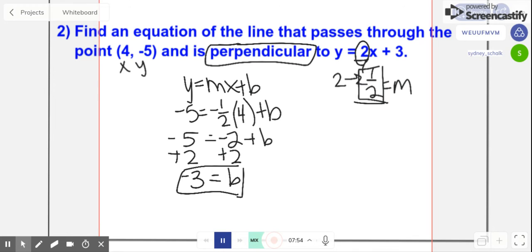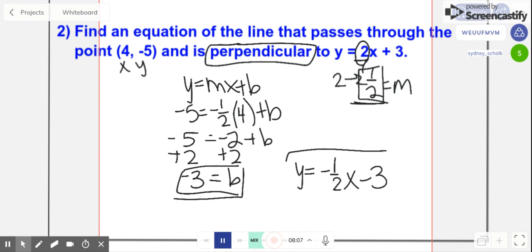Finally, we can write our equation that is perpendicular to y equals 2x plus 3 by plugging in our slope and our y-intercept. We get y equals -1/2 x minus 3. That is my final equation for a line that is perpendicular to y equals 2x plus 3.